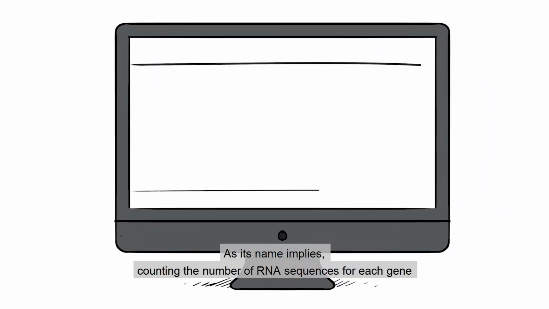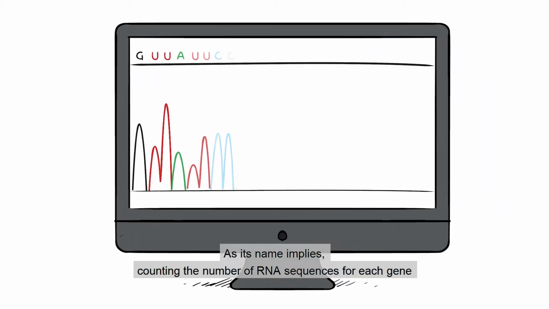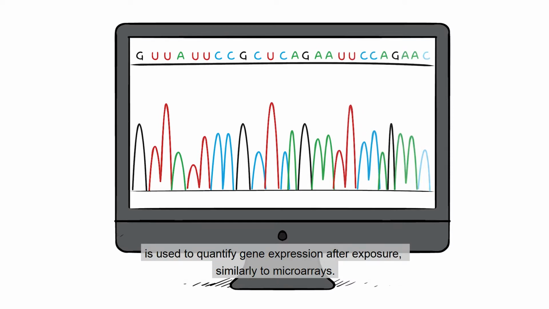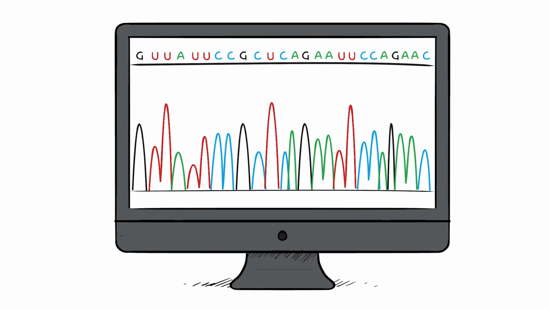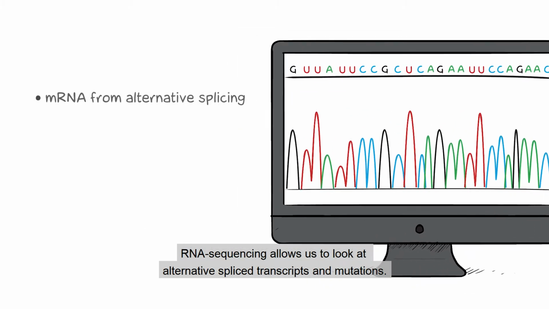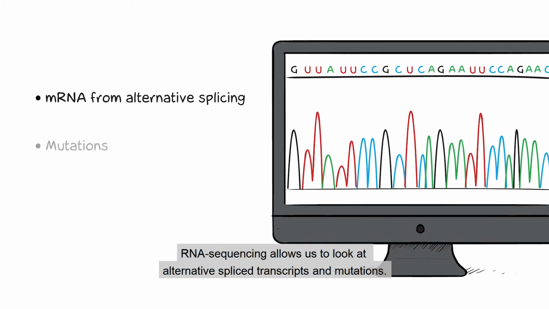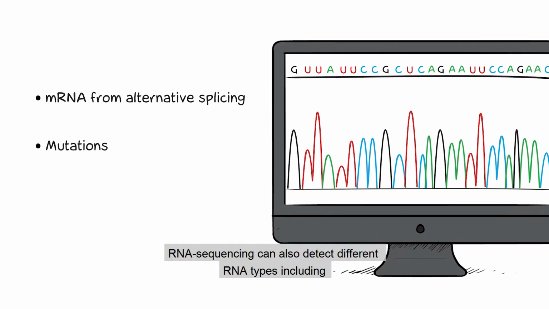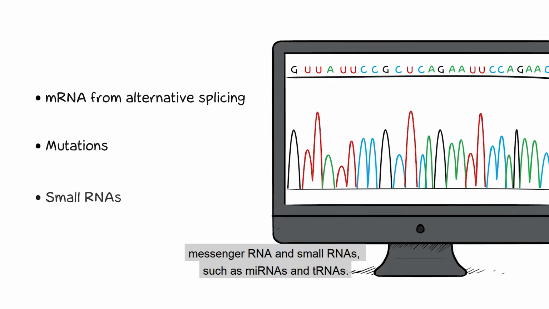As its name implies, counting the number of RNA sequences for each gene is used to quantify gene expression after exposure, similarly to microarrays. In addition, RNA sequencing allows us to look at alternative spliced transcripts and mutations. RNA sequencing can also detect different RNA types, including messenger RNA and small RNAs, such as microRNAs and tRNAs.